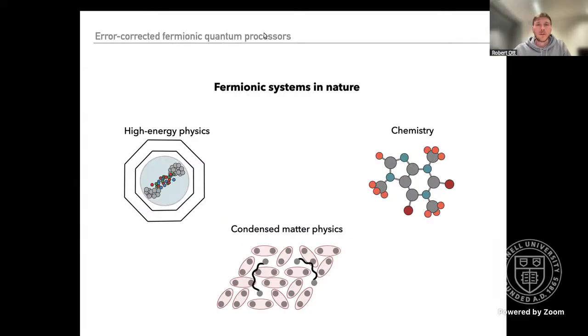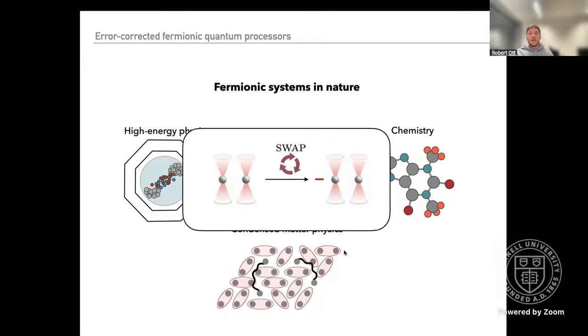And here there's this question, okay, can we do something else? And what's fundamentally different about fermions and bosons is this property that they have an exchange statistics, right? So the spin statistics theorem tells you that if you take two fermions, and here, foreseeing our applications, I draw neutral atoms in a tweezer array.